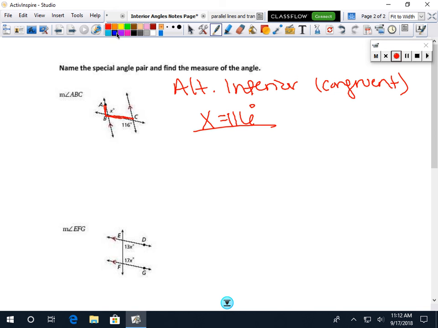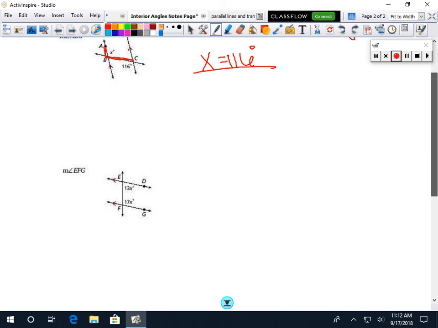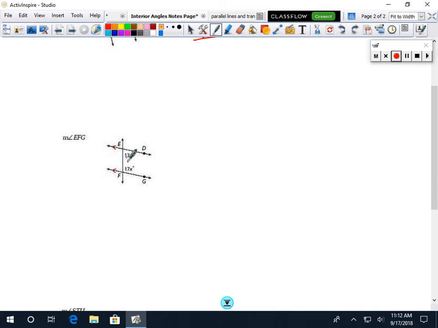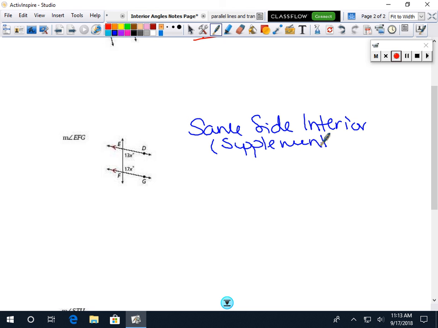Looking at the next example, these two angles are on the same side of the transversal, and they're both interior. So same side interior. And since they're same side interior, those angles are supplementary, which means that they're going to add to 180.